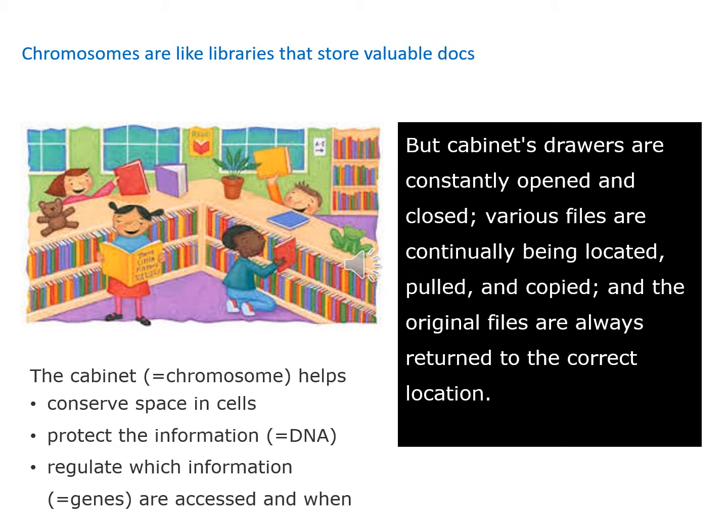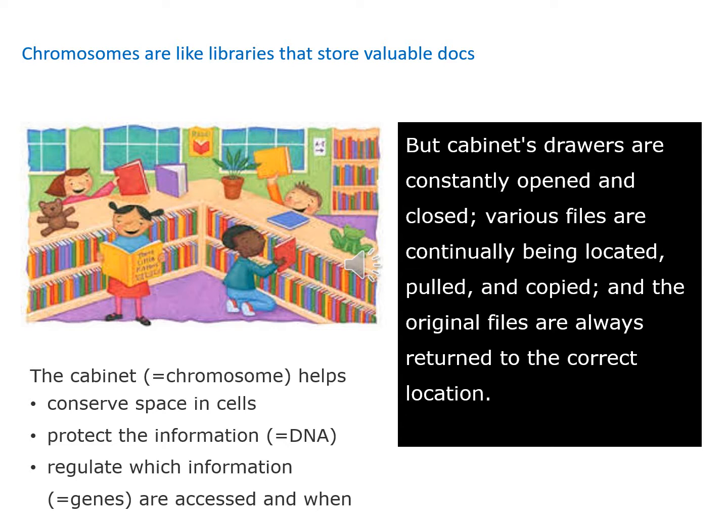You can find a good analogy between a eukaryotic chromosome and a library. In a library, the books are arranged in such a way that multiple clients can access the books without damaging them and very efficiently.